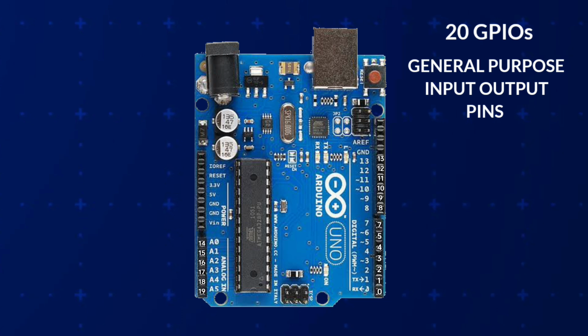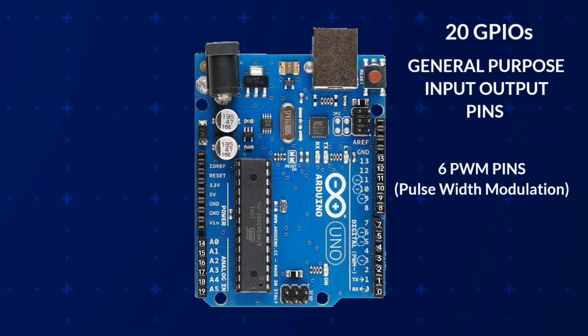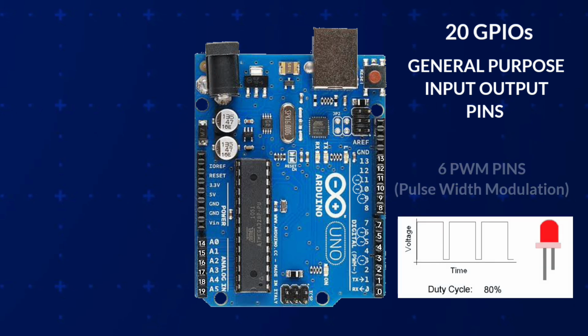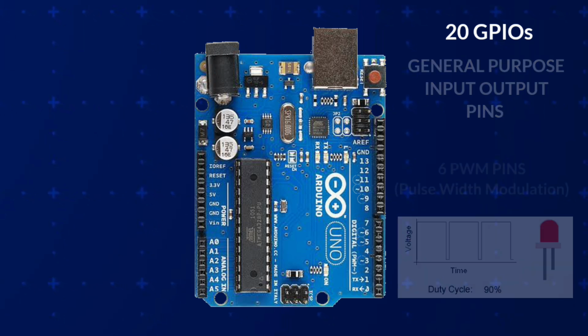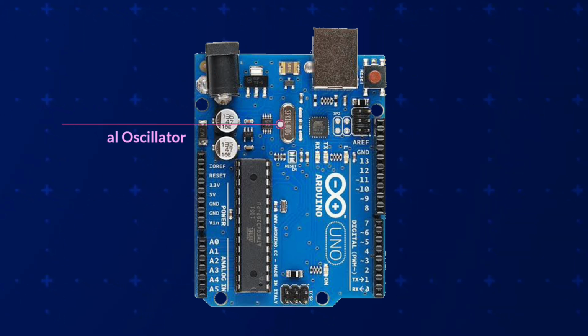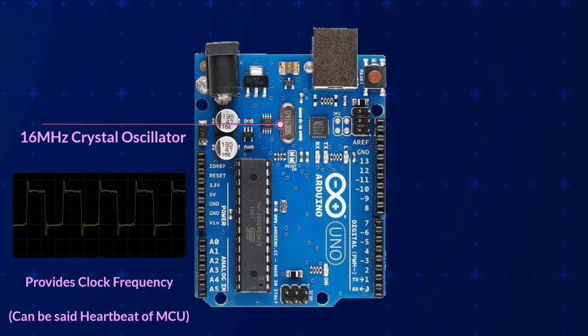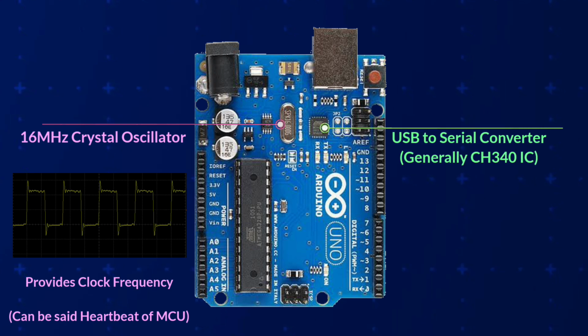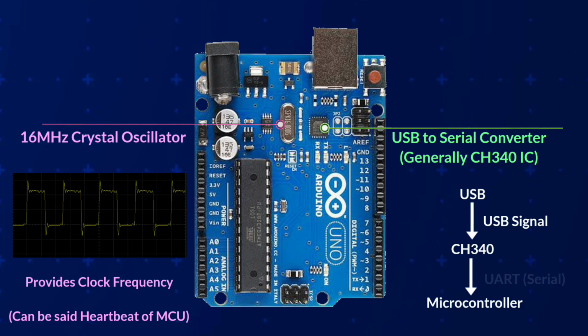In some digital pins you can see a small symbol similar to a signal. These pins can generate PWM signals, pulse width modulation. This is a 16 MHz oscillator which provides clock frequency to our microcontroller for its running tasks. This is a USB to serial converter consisting of a CH340 IC which converts USB signal to UART signal, which is understandable by our microcontroller.